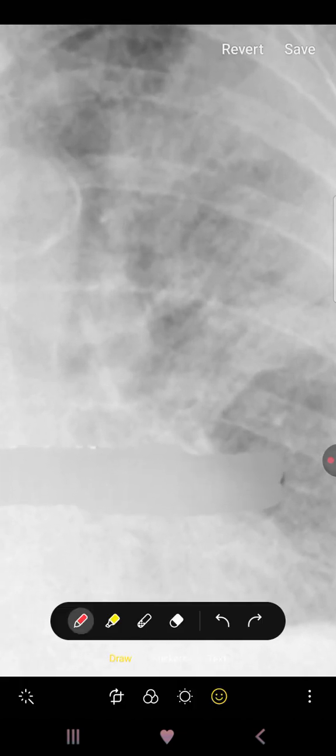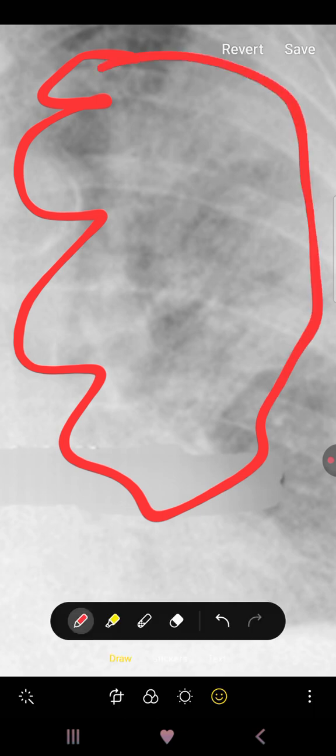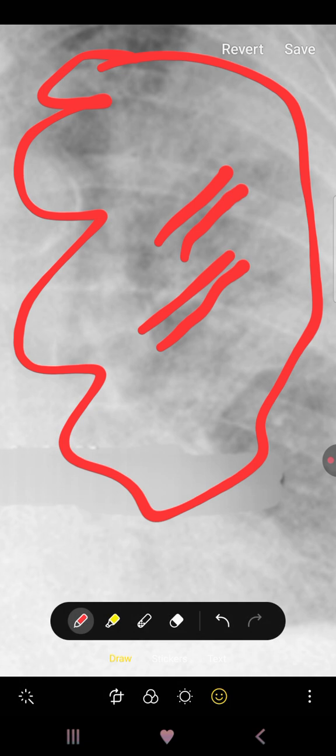And how would you appreciate the air bronchograms? When you see this chest X-ray, all of the X-ray is white, right? But when you actually focus, you will see some areas that are not white. Here, here, here, here to this area.